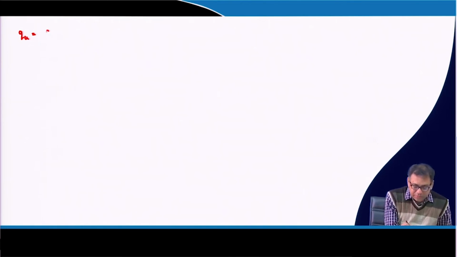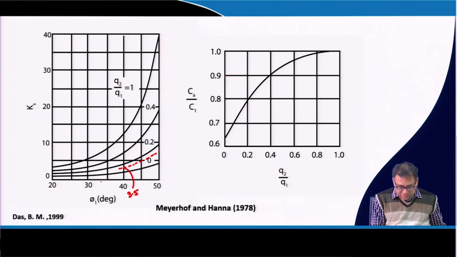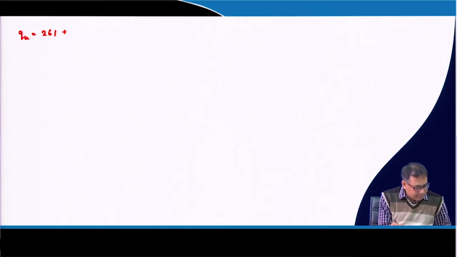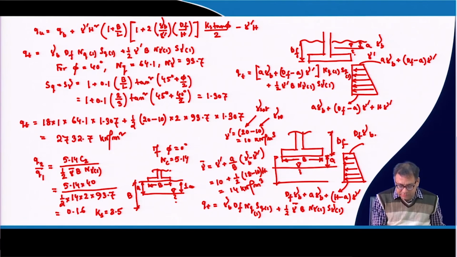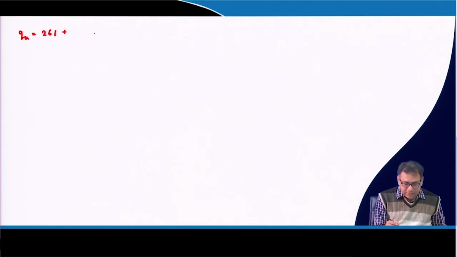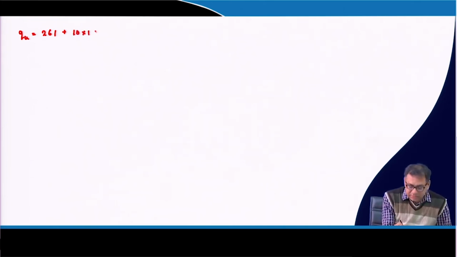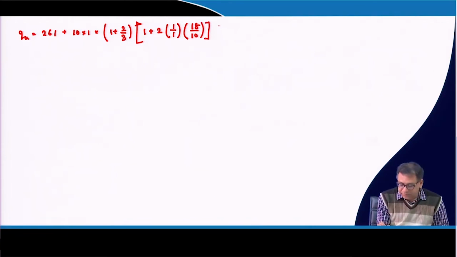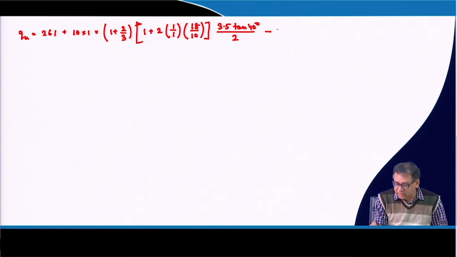Finally, QB is 261 plus the equation: gamma dash is 10, h square is 1, into 1, plus B is 2, L is 3, then 1 plus 2 Df by h, Df is 1, h is 1, then gamma bulk by gamma dash, 18 by 10, into Ks is 3.5, into tan 40 degree, divided by 2 because B value is 2, minus gamma dash into h, gamma dash is 10, h equal to 1.